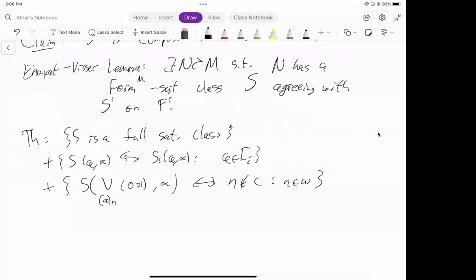Once you've written down this theory, essentially what you've shown already is that this theory is consistent. Okay, and then using recursive saturation of M Si, you get an expansion S, right?